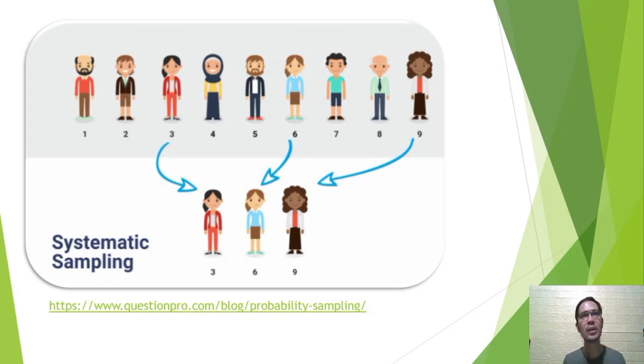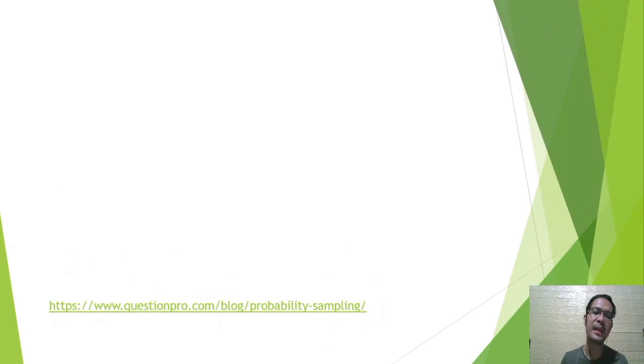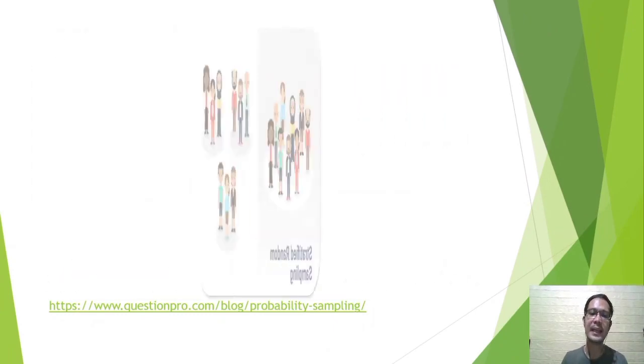As you can recall from your research methodology in senior high school, you may have encountered the formula i = N / n, wherein the small letter i signifies the interval, while the capital letter N is the population size, and the small letter n is the sample size.